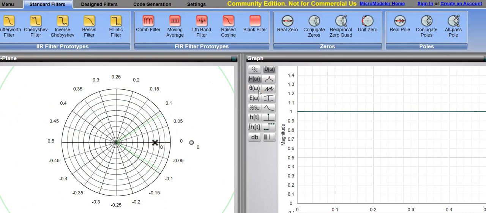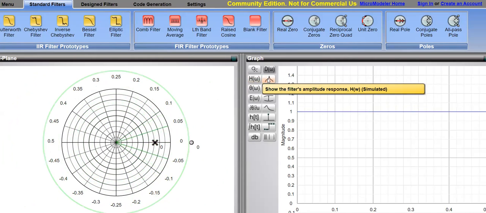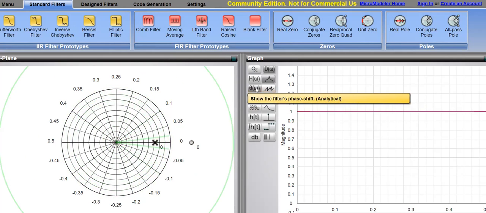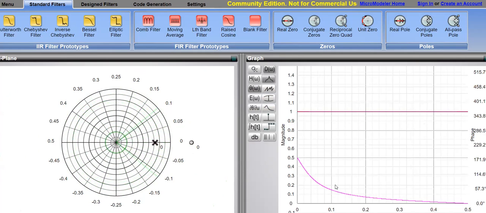Now the important fact is the magnitude response. This shows the magnitude, and you'll find that this is 1 for all the frequencies, of course. And what about the phase? The phase part is our main concern. So you can see you can control the phase with this.